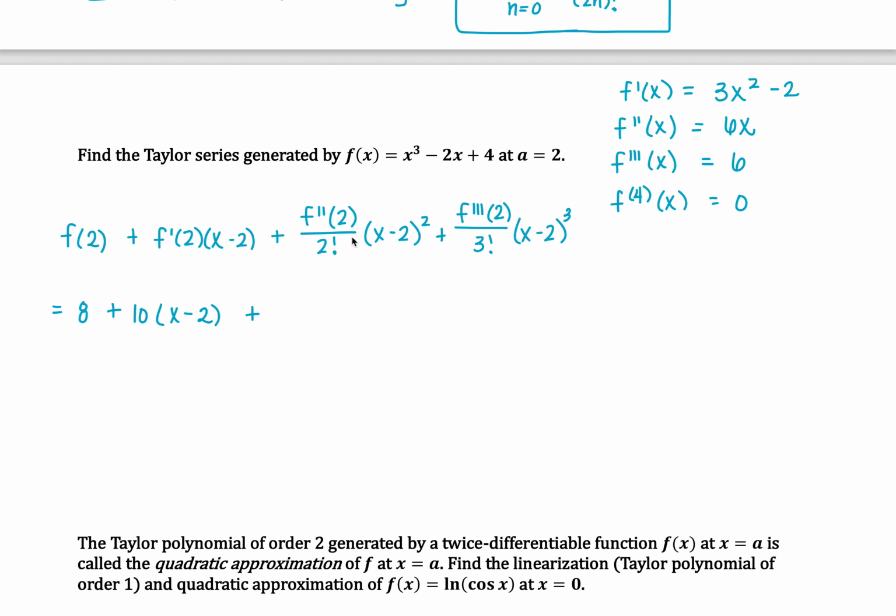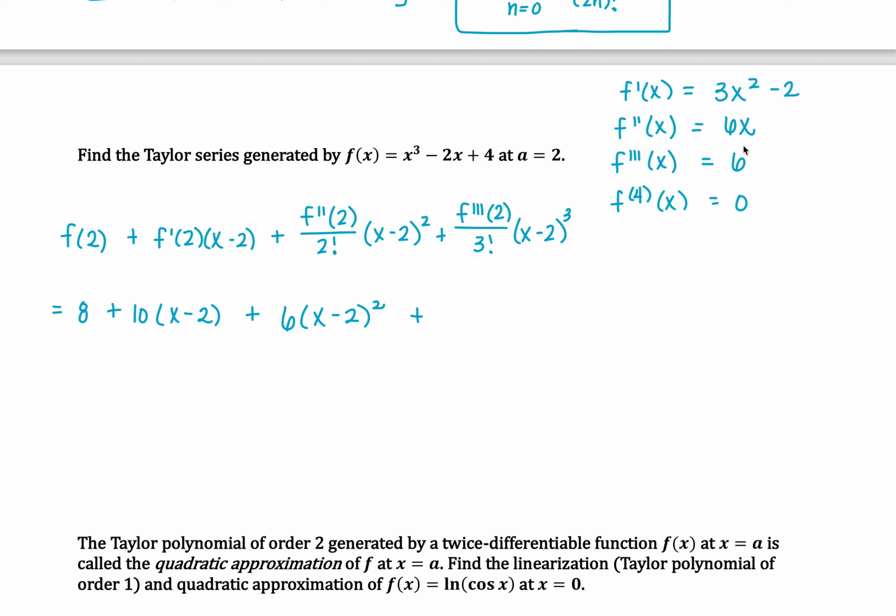Now, we're going to look at the second derivative when x is 2, so that's going to give us 12. It's 12 over 2 factorial, and 2 factorial is just 2 times 1, so 12 divided by 2 gives us a 6 times x minus 2 squared. And then the last term here, we're looking at the third derivative.